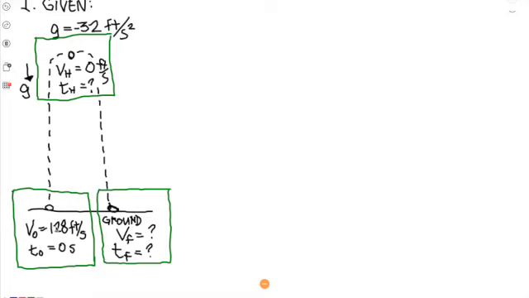All right, this is how I will tackle this problem. We have the screenshot for the initial conditions. We have the screenshot at the highest point, where we know the velocity would be 0, and the time there we will solve for.